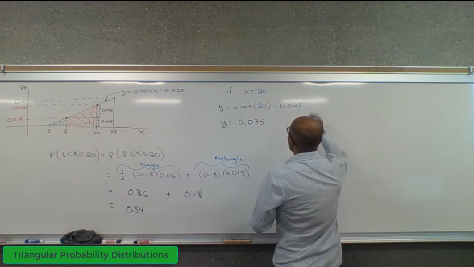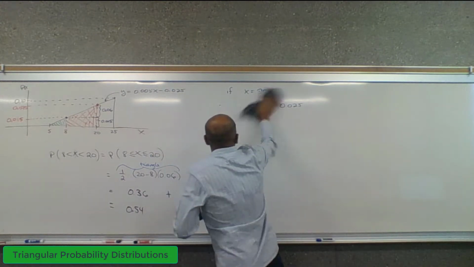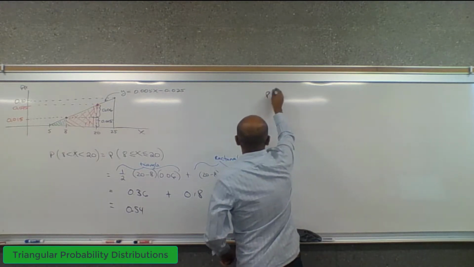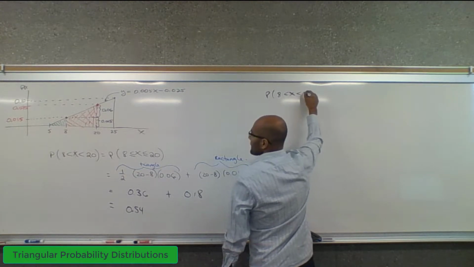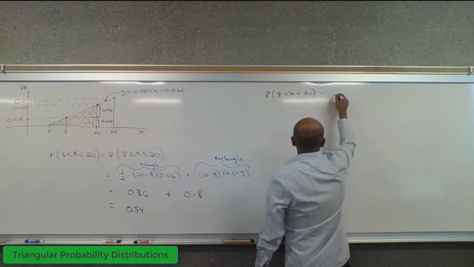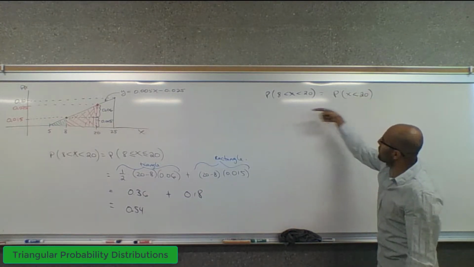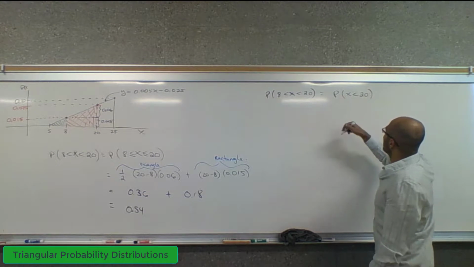So the probability that x is greater than 8 but less than 20 is also equal to the probability that x is strictly less than 20, all the way out to where it starts, so between 5 and 20.